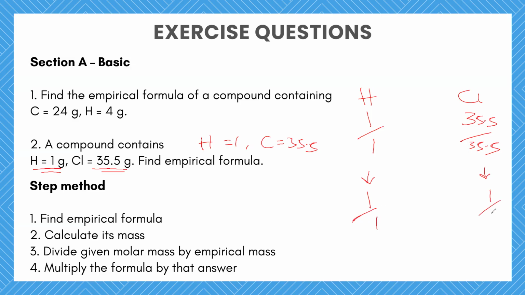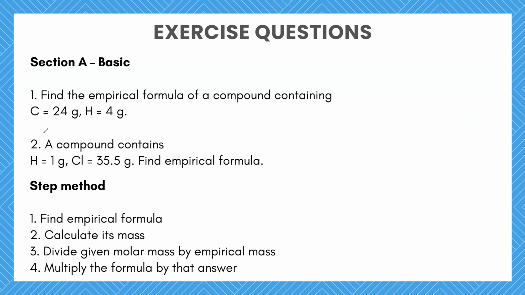This results in 1 for both elements. So now applying that to our elements, we have HCl. This is the empirical formula for the compound. Easy peasy. All right, so let's go ahead and solve some more questions.